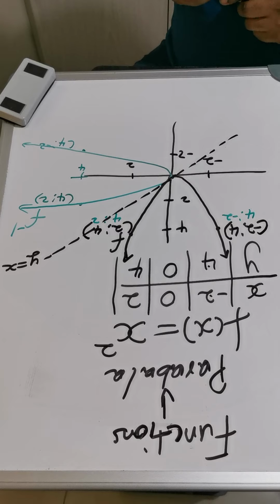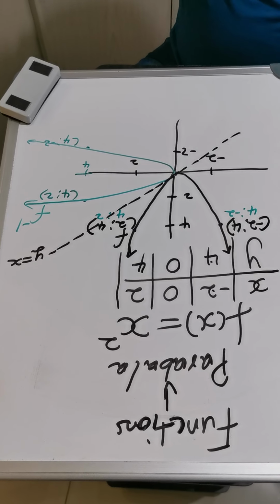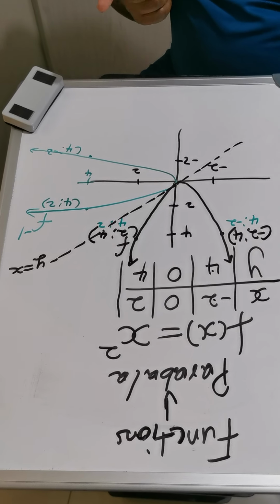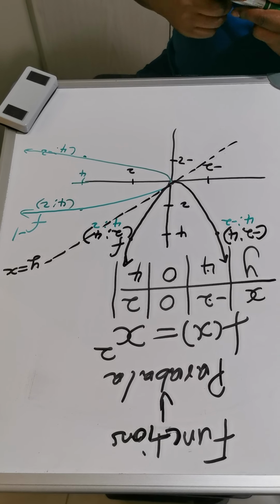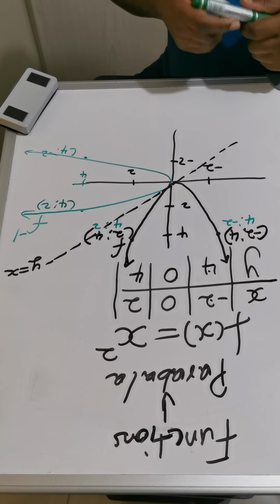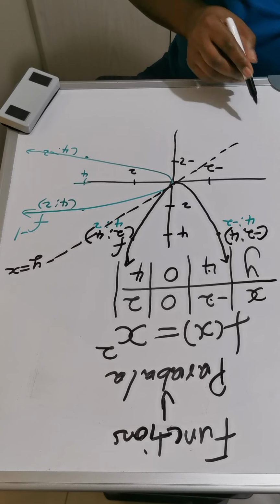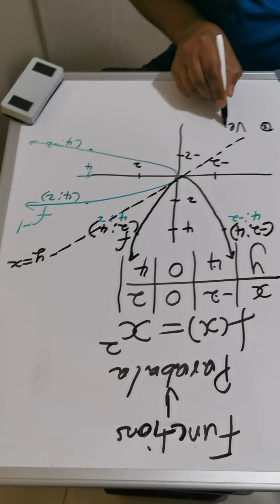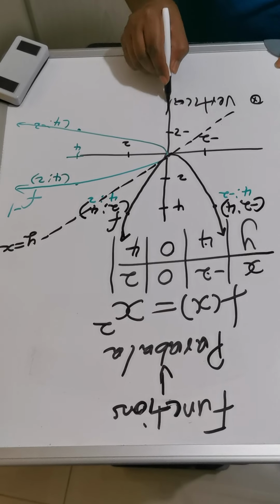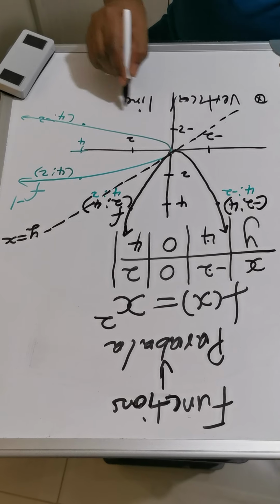Now the next question can come and say, is the inverse a function or not? How can you test whether the graph is a function or not? You know what you do there. You use what we call the vertical line test.